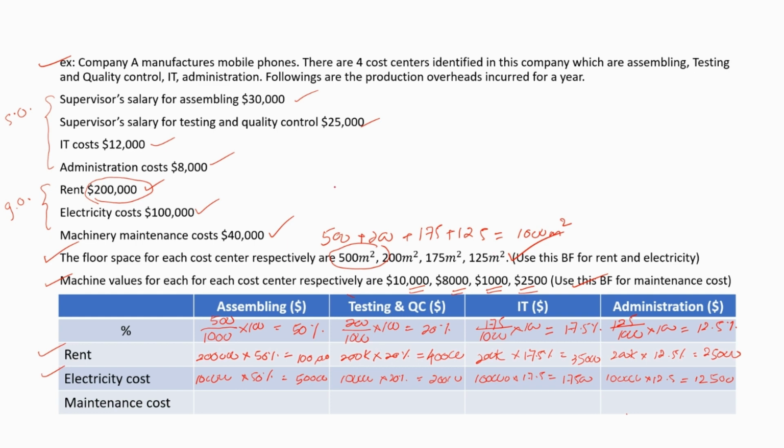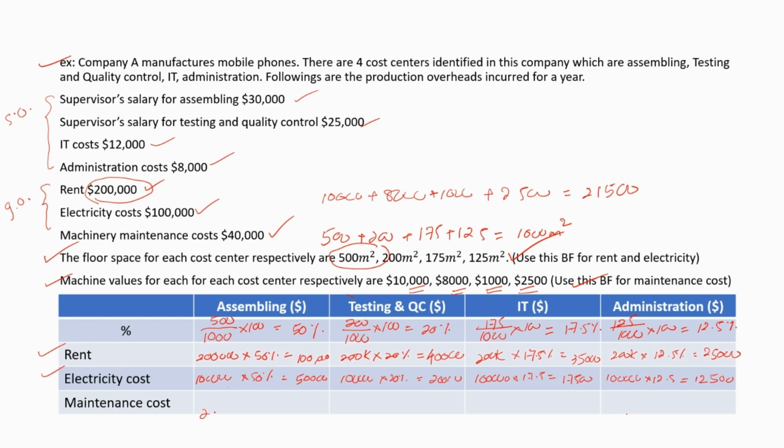So again, we have to calculate a percentage value. So the total is 10,000, 8,000, 1,000, 2,500. This is equal to 21,500. So using this value, now we have to calculate the percentage values.